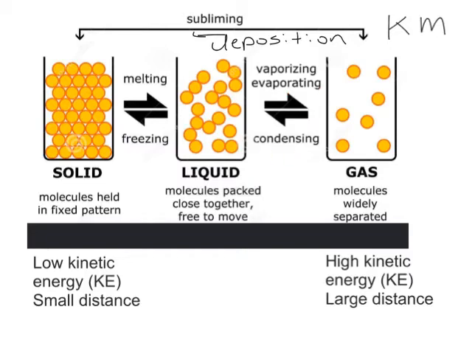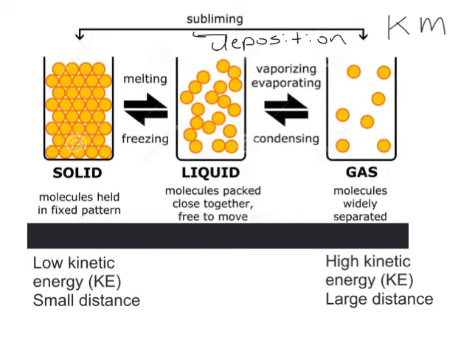You probably also have an intuitive understanding that molecules in a solid are really not free to move around. They can kind of vibrate back and forth, and they're really close together. So you have a low kinetic energy and a small distance. As you move on up to a liquid, they're still really close together, but they have just enough freedom of motion that they can sort of snake past each other.